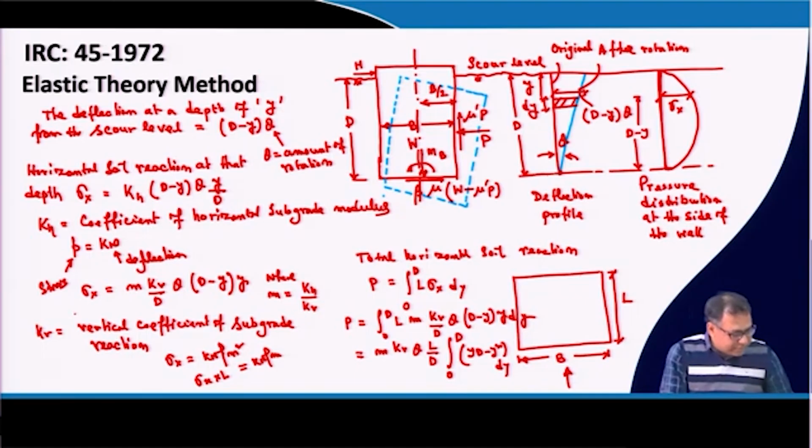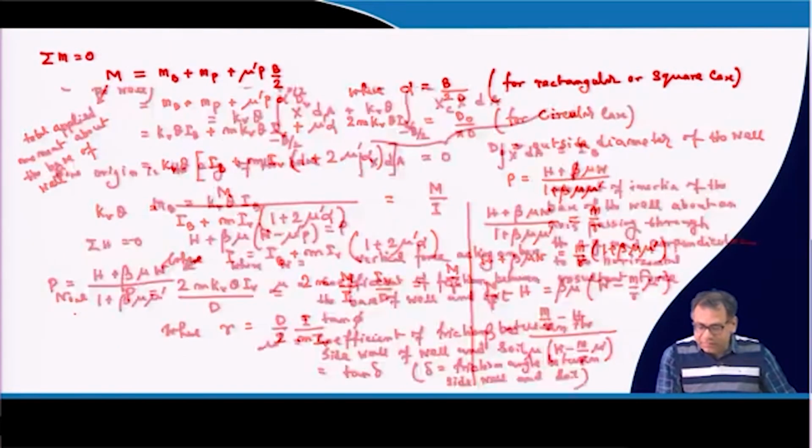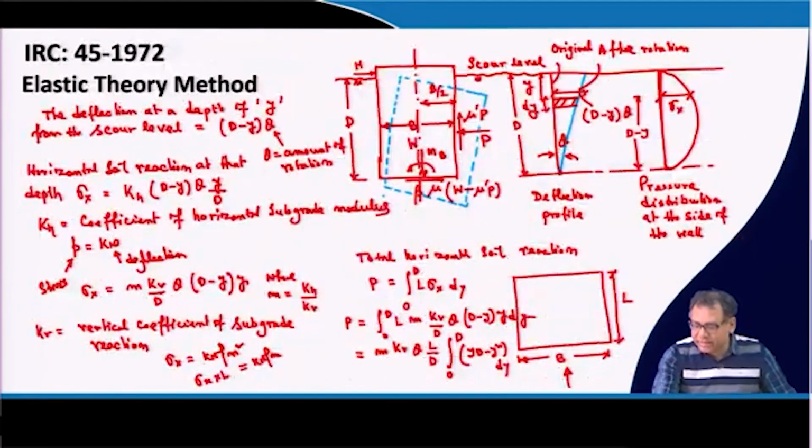This sigma x that is acting should not be greater than the net pressure. You can see that this is sigma x, the horizontal stress at any point y.